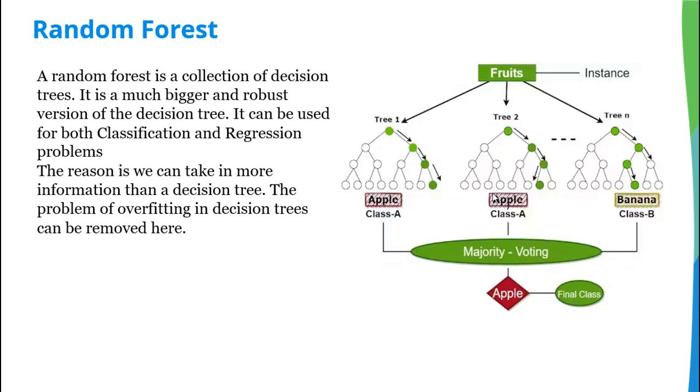The reason is we can take more information than a decision tree. The problem of overfitting in decision trees can be removed here, because decision trees have some problem of overfitting, which random forest handles. All right, so you can see the structure of a tree. It's a tree-like structure as well, the same way as a decision tree. It has a more robust operation than a decision tree.